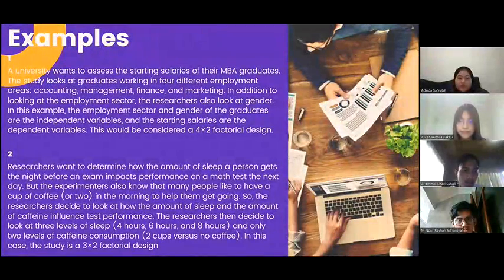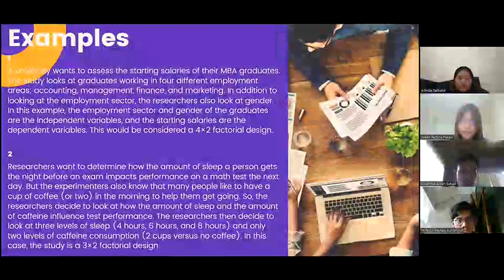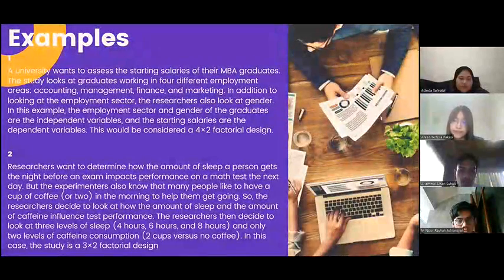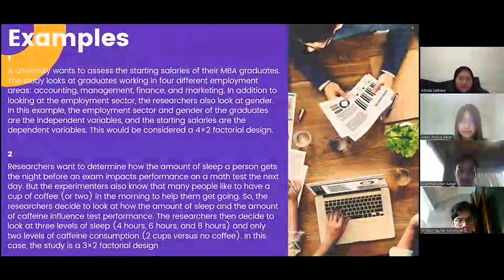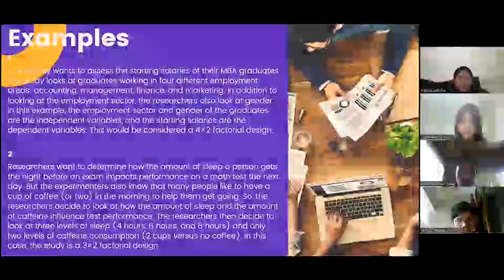In the second example, the researcher wants to determine how the amount of sleep a person gets the night before an exam impacts performance on a math test the next day. But the researcher also knows that many people like to have a cup of coffee or two in the morning to help them get going.